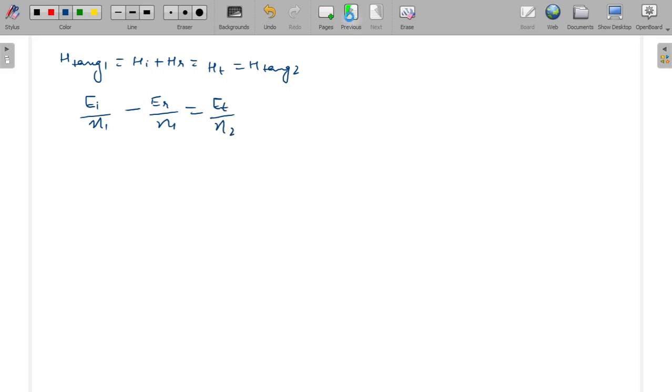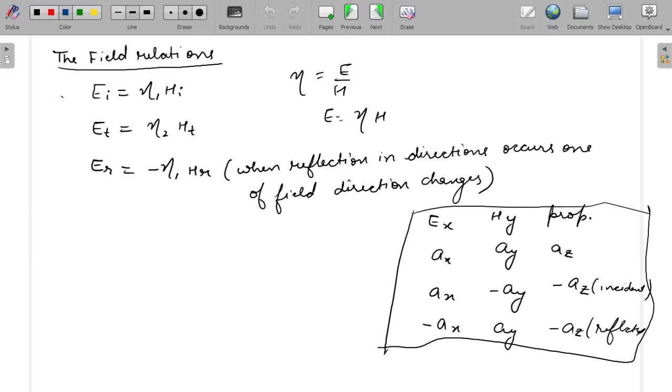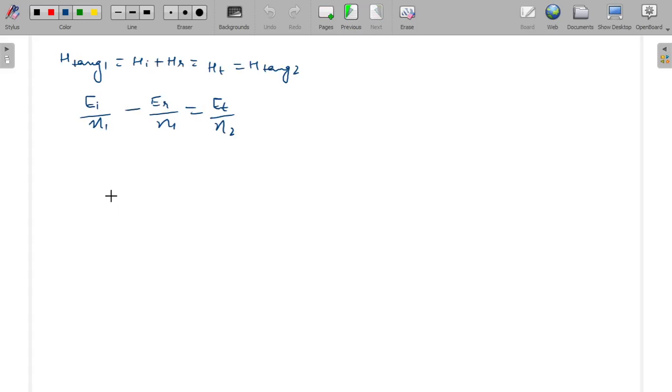From where did we write this? From the previous formulas. Hi is equal to Ei by N1, Hr is equal to minus Er by N1, and Ht is equal to Et by N2. So we wrote this from the previous formula.